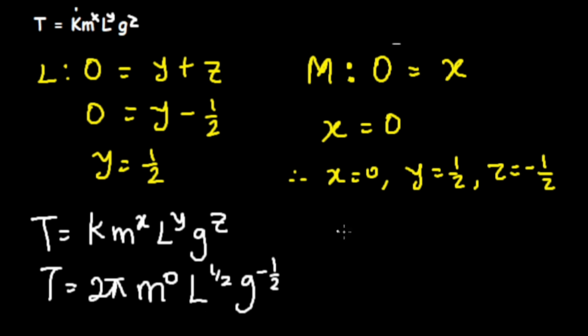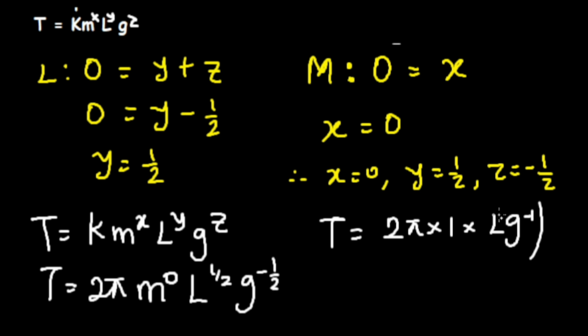Now can I move forward to say capital T is equal to 2 pi, and since m is raised to power 0, that will be times 1. Here I can apply the law of indices because L is raised to power half and g is raised to power minus half. I can bring both of them together and write it as L over g raised to power 1 over 2.